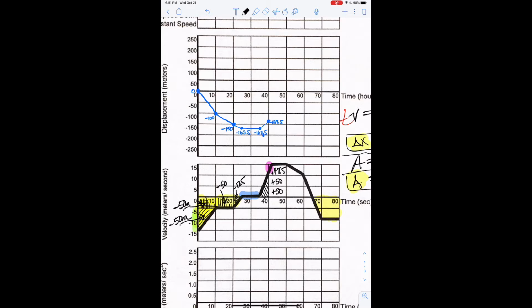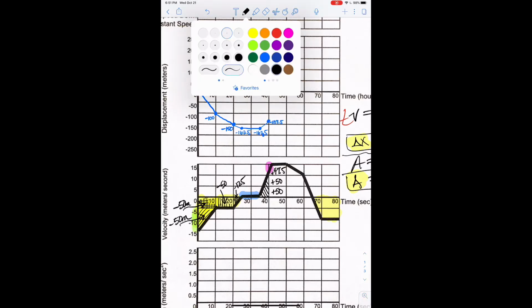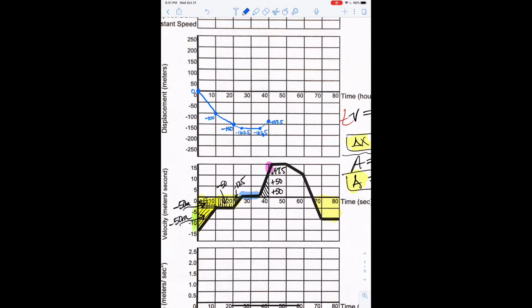We're going to go forward 147.5. We're at negative 137.5, so positive 10. All right, so let's put a dot up there at positive 10 where we think it is. Positive 10 will be above 0, and time will be around 50. I'm going to write positive 10 right there and connect the dots. Okay, good deal.